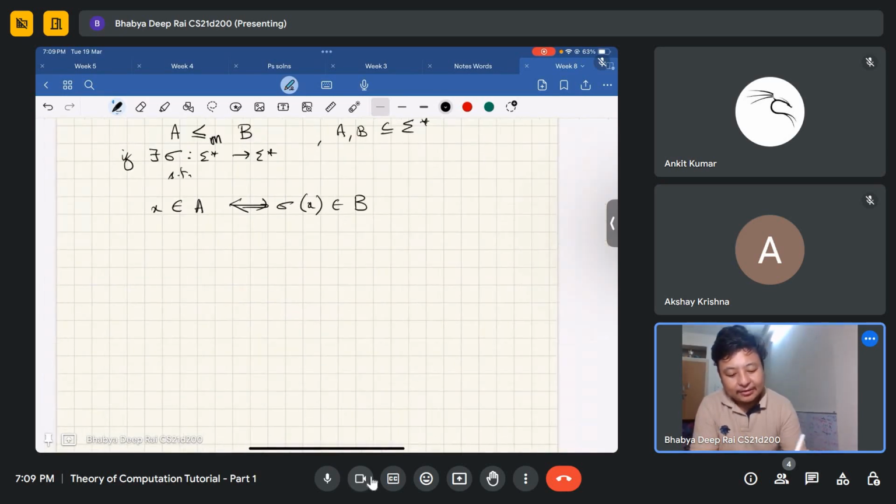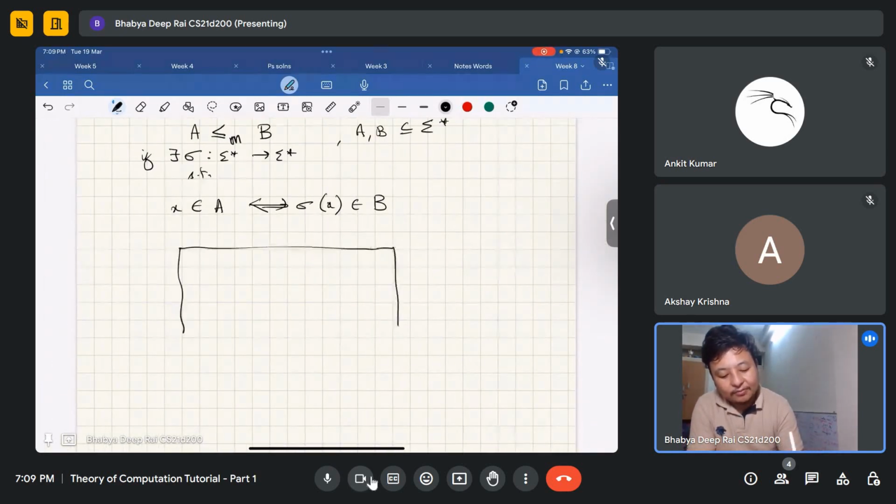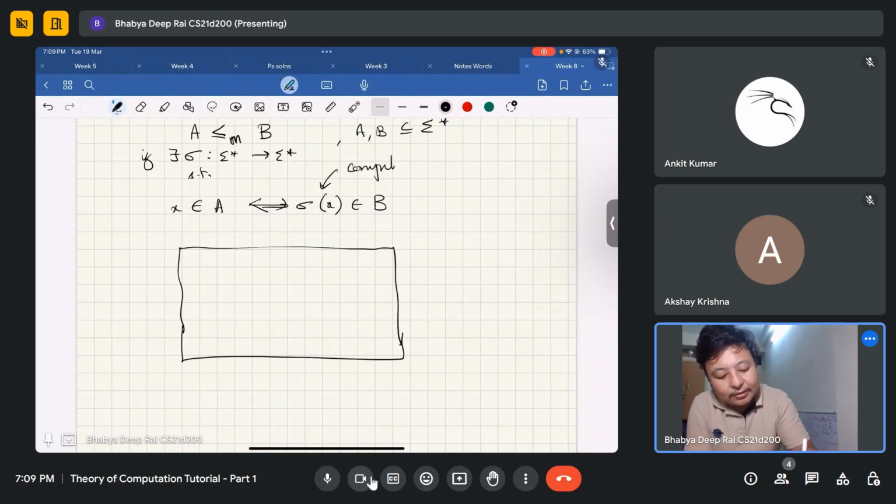It means given a problem, I want to build a reduction, and sigma is computable by a total Turing machine.